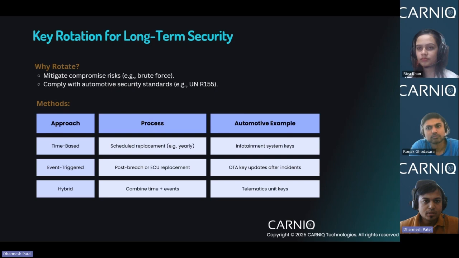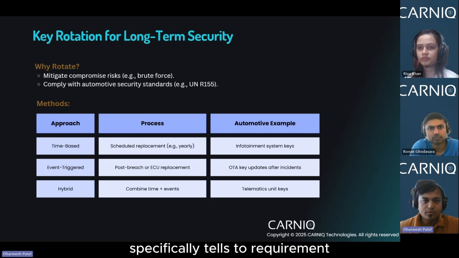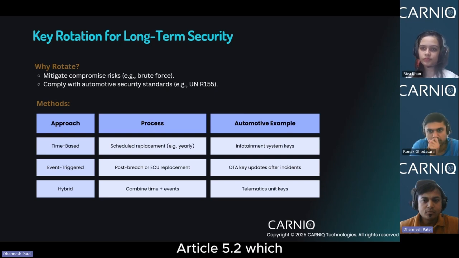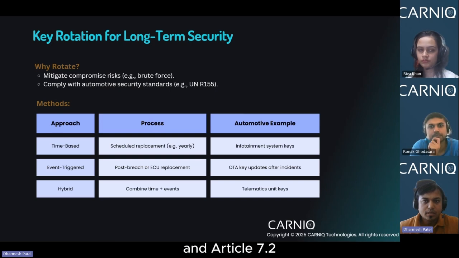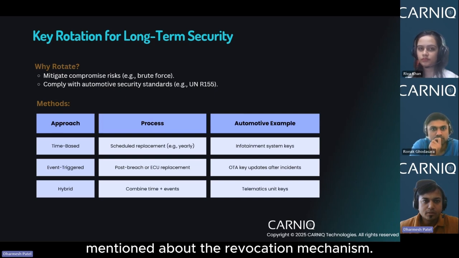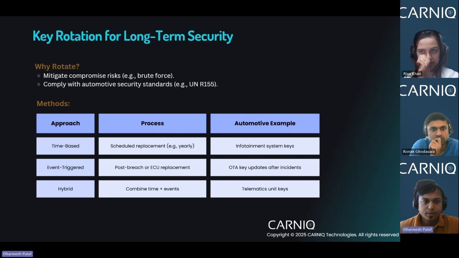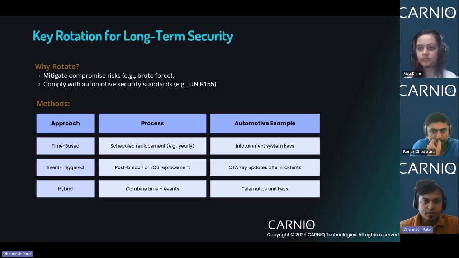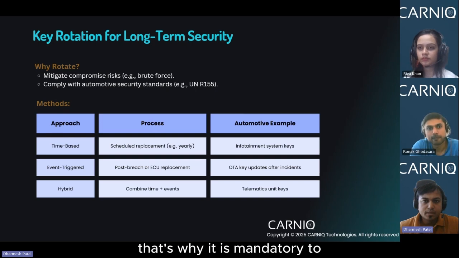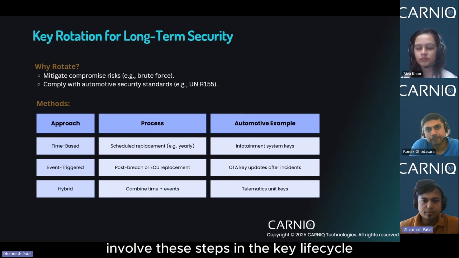R155 also specifically has two requirements: Article 5.2, which mentions secure key storage, and Article 7.2, which mentions the revocation mechanism. It also describes audit trails for key changes whenever they happen. That's why it is mandatory to involve these steps in the key lifecycle management.